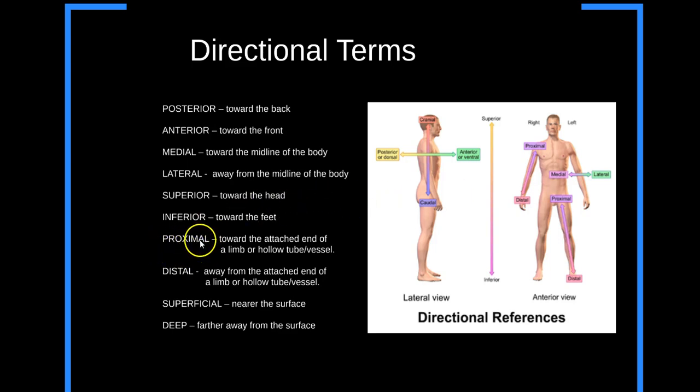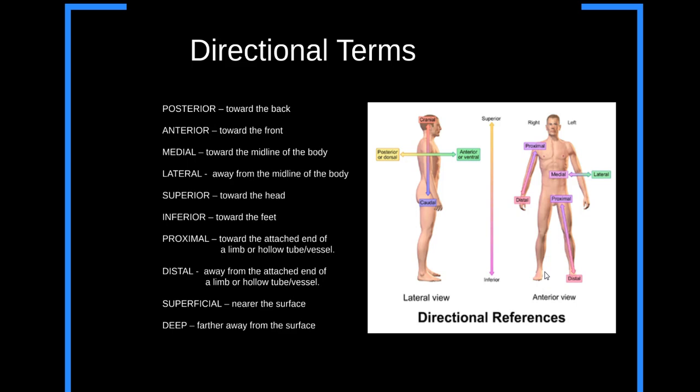Okay, the next two are probably some of the trickier ones that we're going to deal with. We have proximal and we have distal. Now, distal is probably the easiest to get your head around because it sounds like distant, and distant means further away from. And if we look at where we use these two terms, we use them about limbs, so from shoulder to hand or from hip to foot.